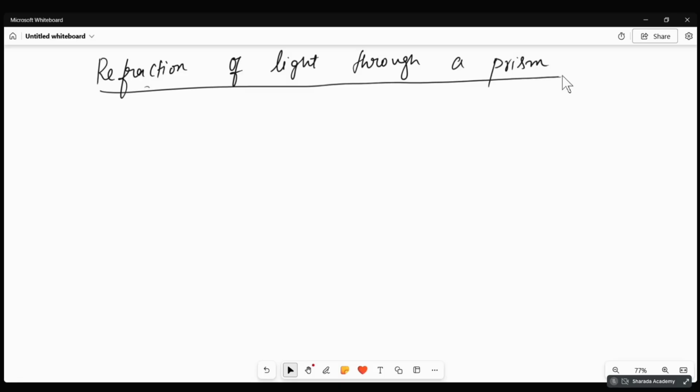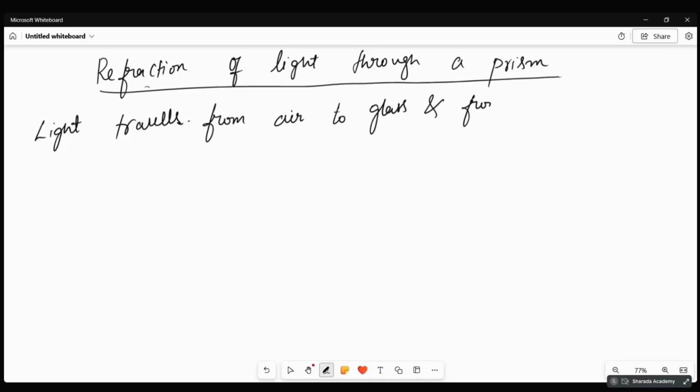So, refraction of light through a prism. Write down: light travels from air to glass and from glass to air.